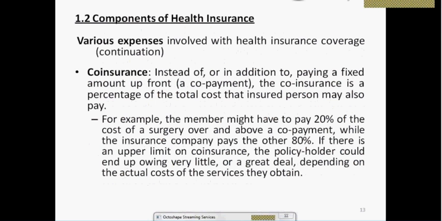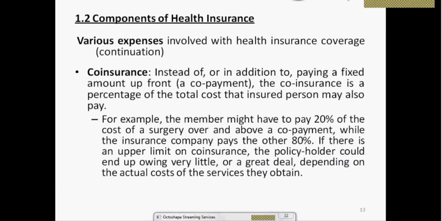Continuing on those terms, there's co-insurance. Just like a co-pay, co-insurance is also an out-of-pocket expense. The only difference is co-pay is your fixed amount, and co-insurance is always a percentage of the cost of the particular office visit. Most of the time, it is like 20%.